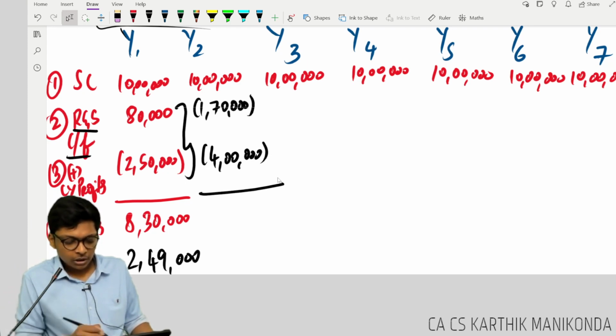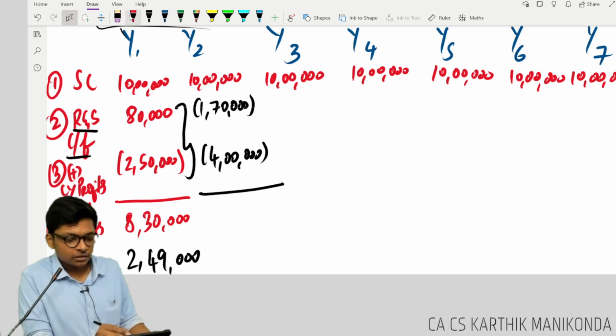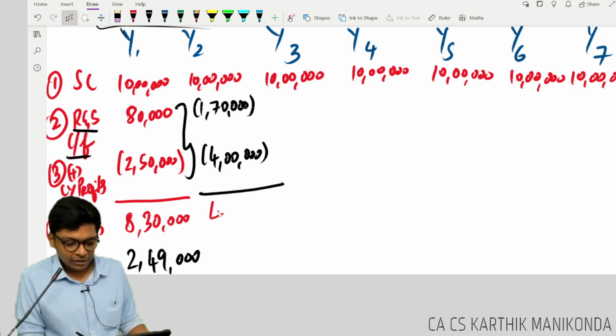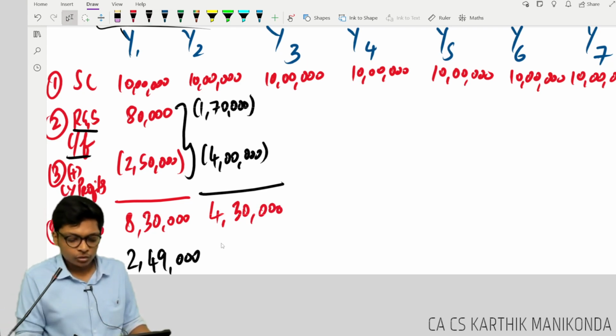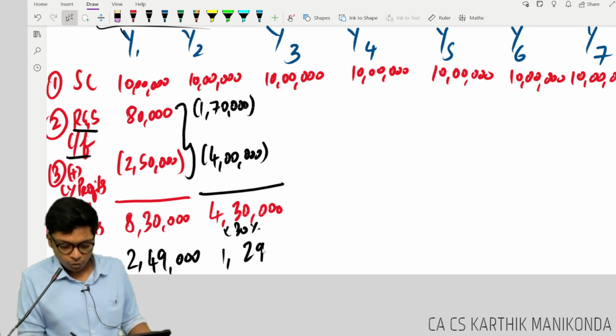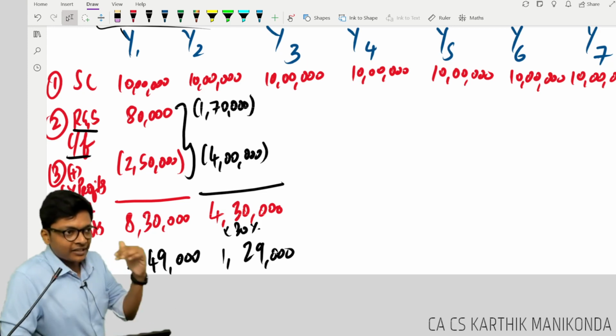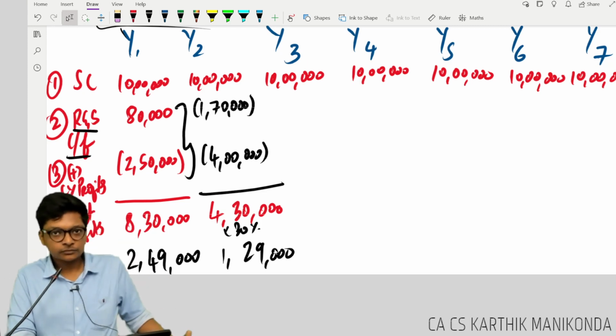Super. Now what is the net assets? 4,30,000. Are you following what I am doing? What is the minority interest now? Into 30%. 1,29,000. Like this we have to do for every year.